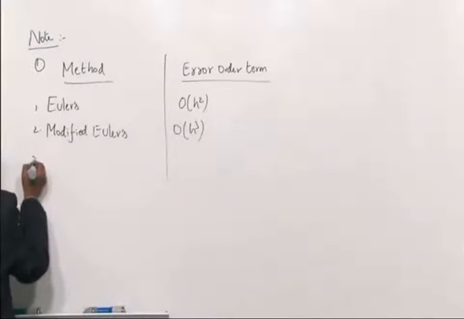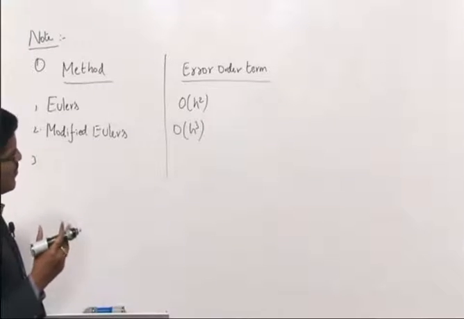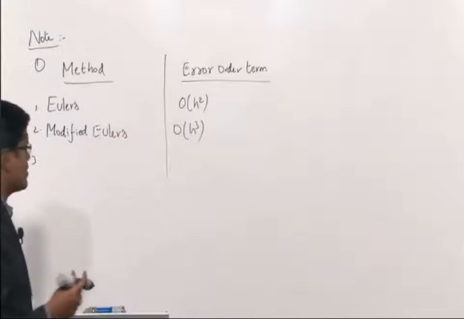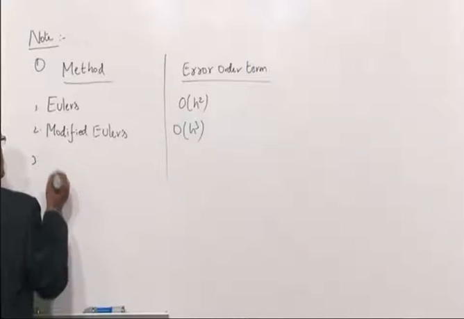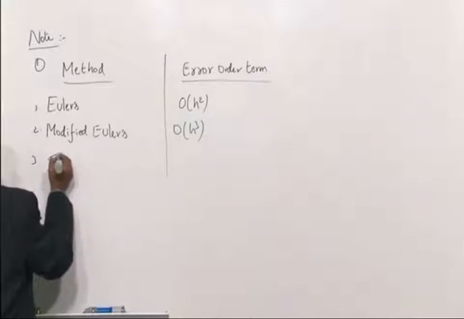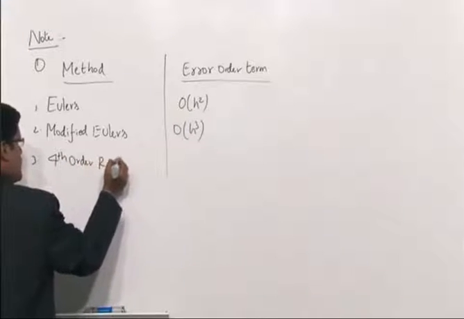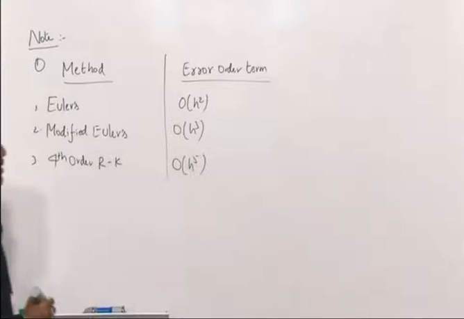These proofs are neglected here, or if you refer to the textbooks, you will easily identify the meaning of the error order term, all these things. Okay. Next, fourth order Runge-Kutta, order h power 5. Please remember one more question. This 2.